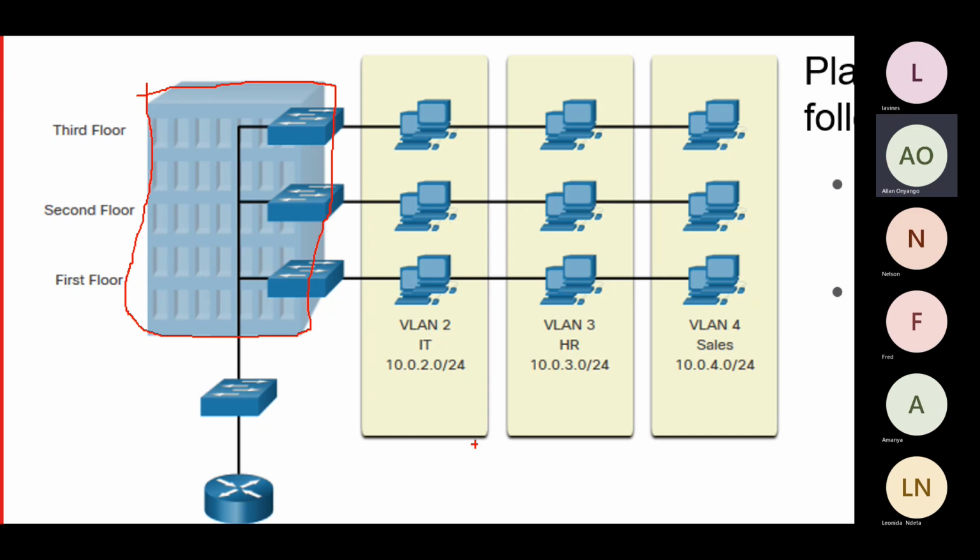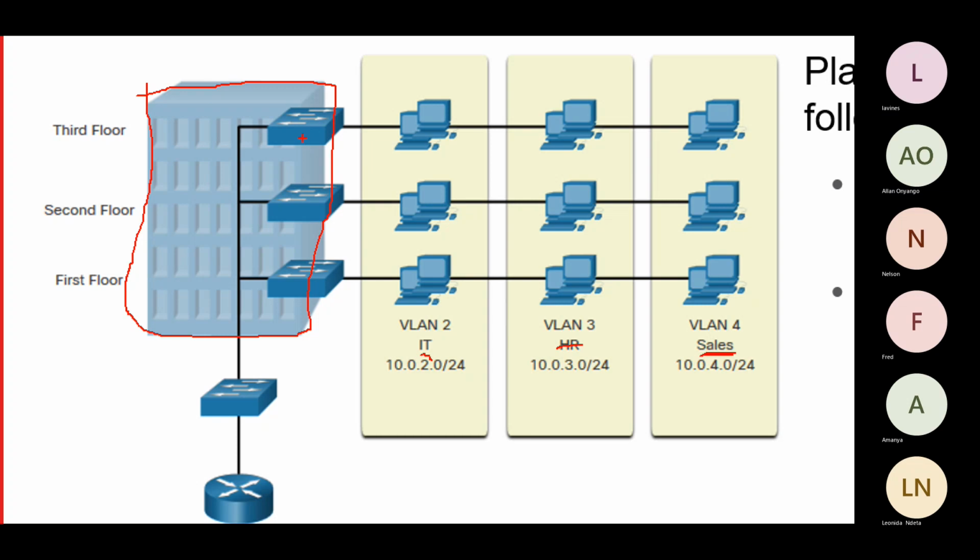This company has 3 departments. They have the sales department. Maybe this is Safaricom, or any other telecommunications company. They have their own IT department, which handles the IT issues. They have the human resource, HR department, and they have the sales department.